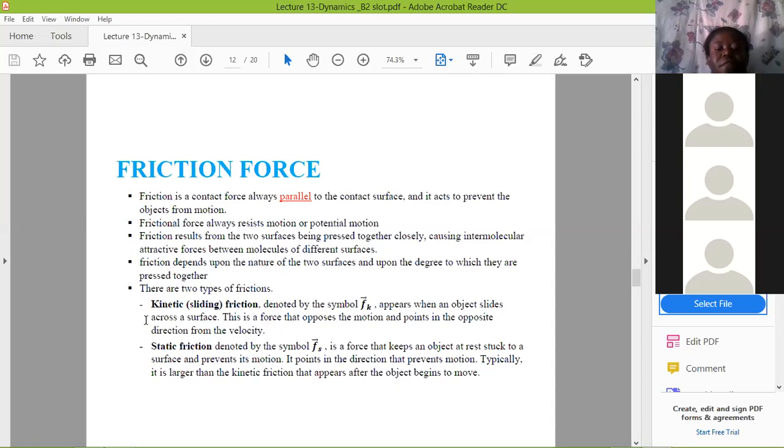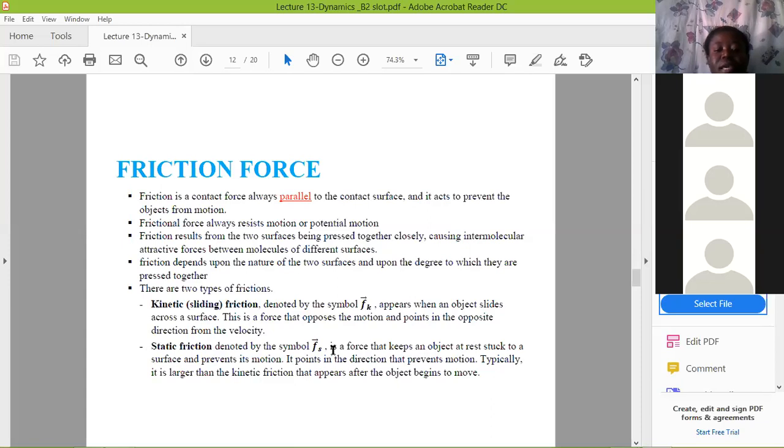This force, which we normally denote with Fk, appears when the object slides. When the object moves, it experiences kinetic friction, because that force is trying to resist or stop the object from moving.